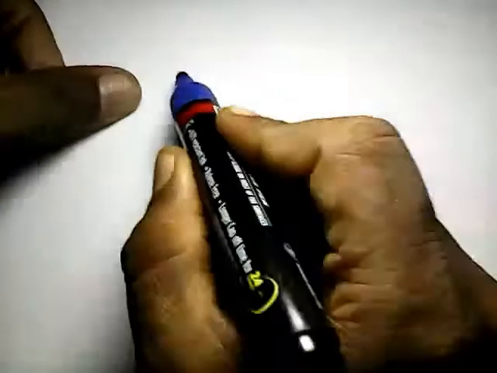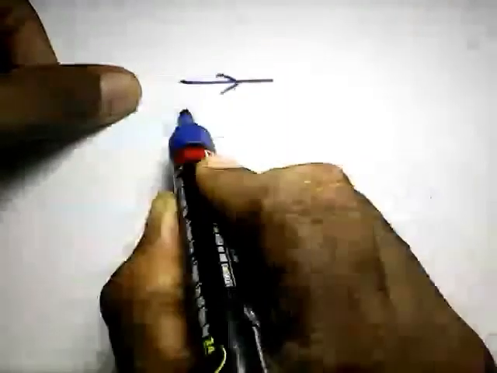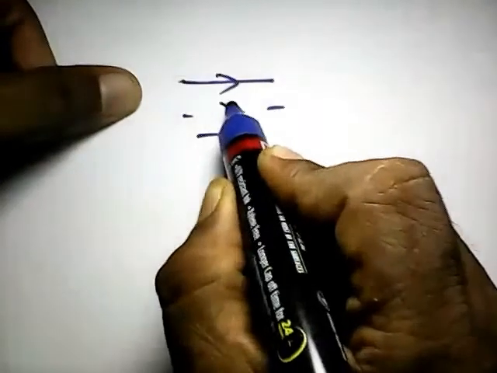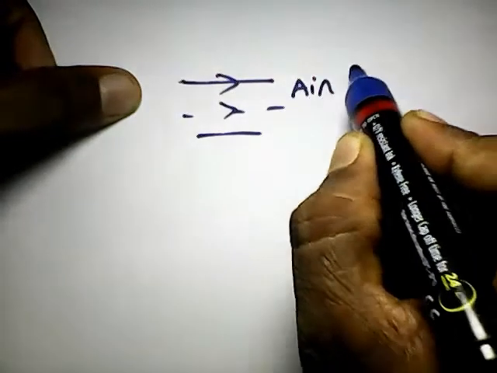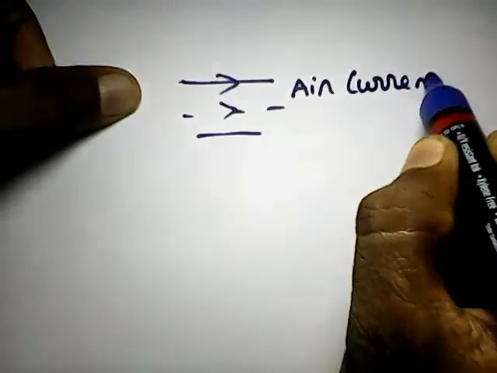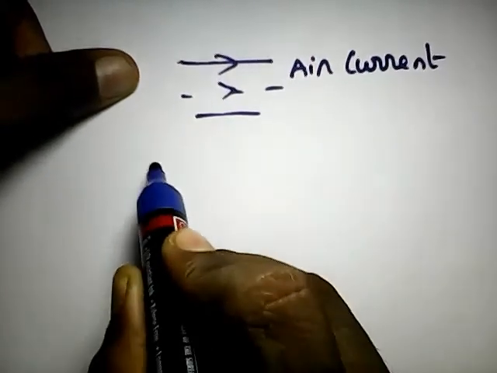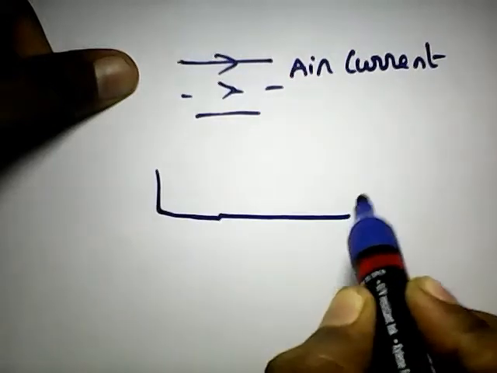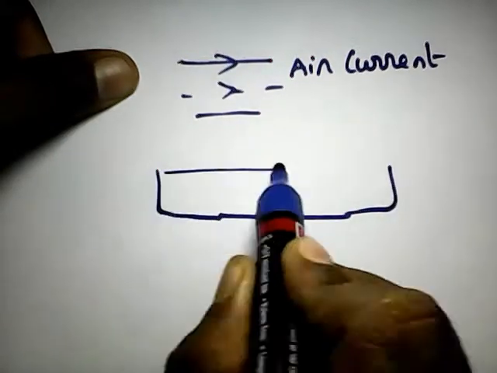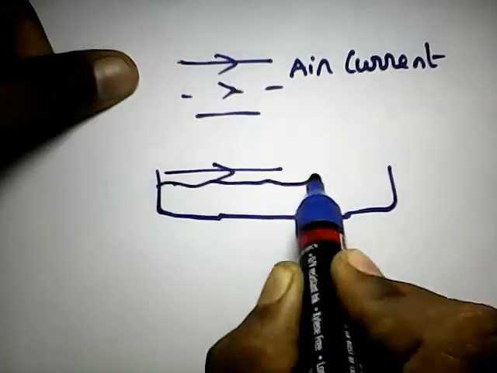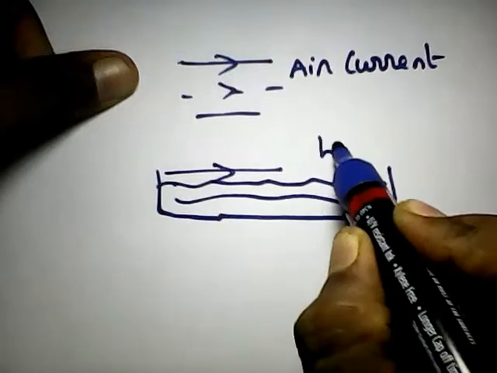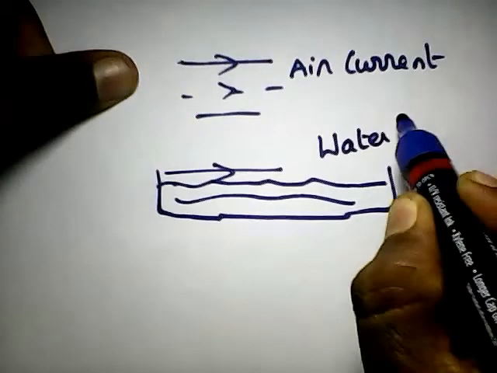You might have seen the air flowing in one direction like this. So this is called air current. Similarly, when you see the water in a bed, the water may be moving in this direction. So this is called water current.